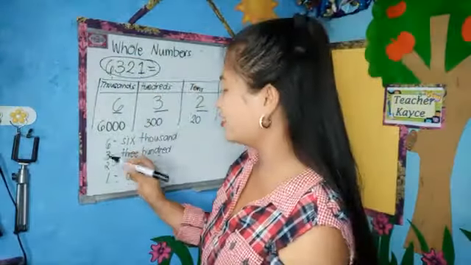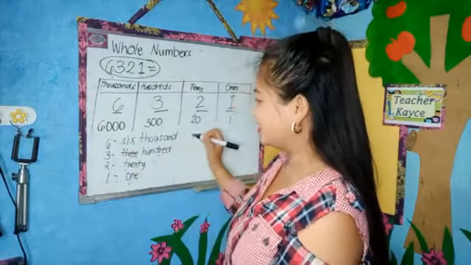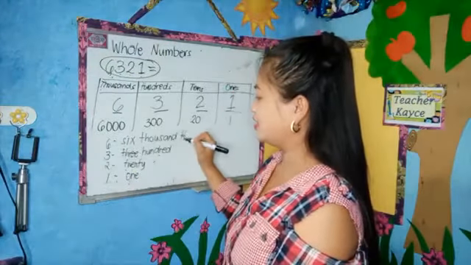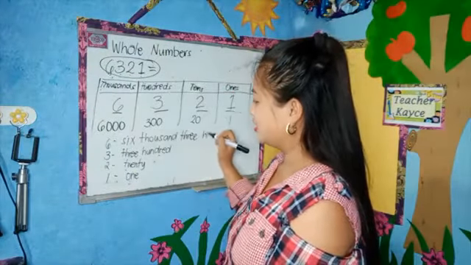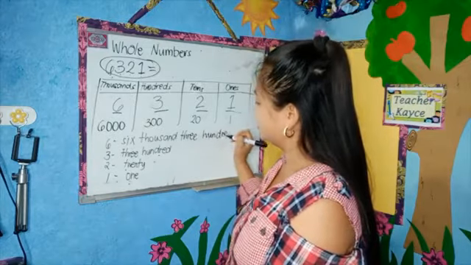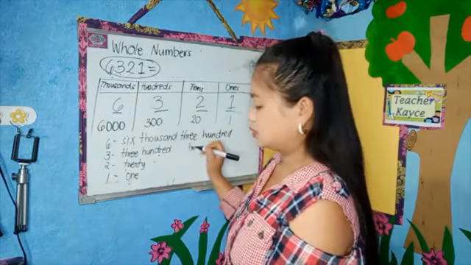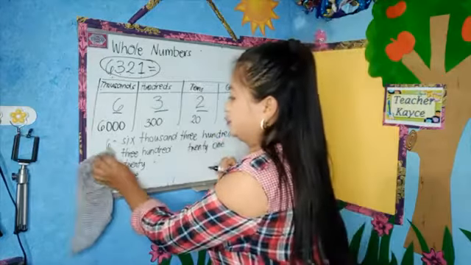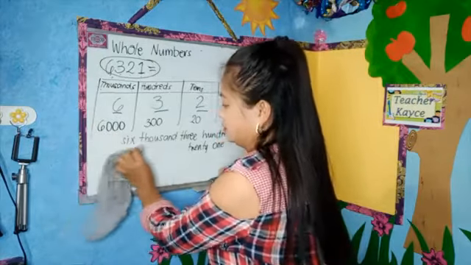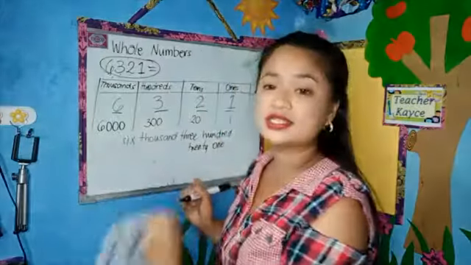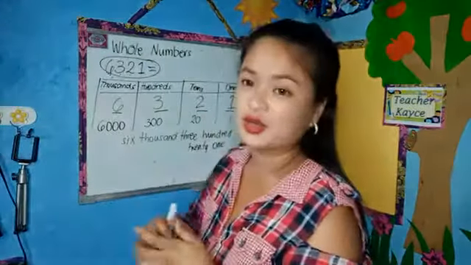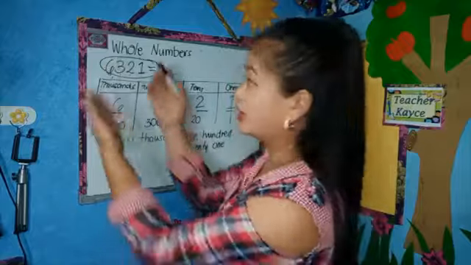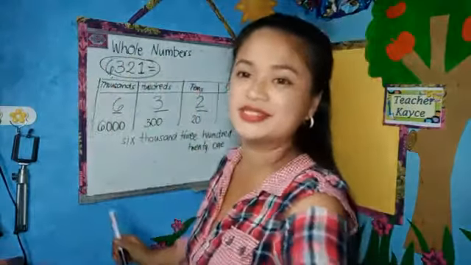And if you're going to write it, it's like this: 6,321. So that is how we read and write our whole numbers.